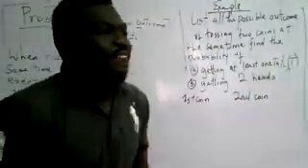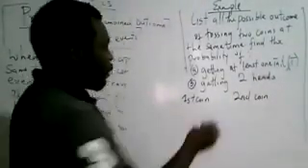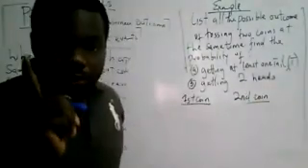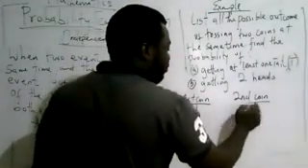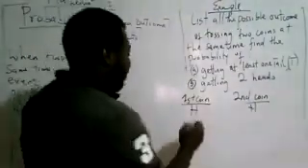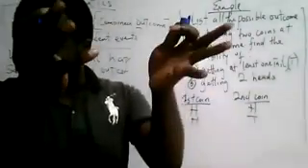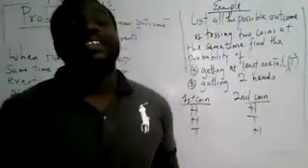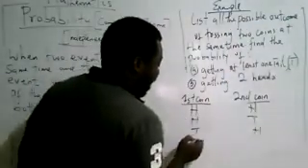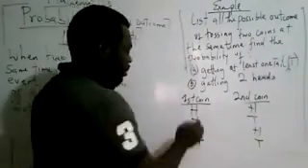I take those two coins, I throw them up, and they fall to the ground. There's a possibility that in the first throw, I can have head, head. In that same throw, I can have head, tail. In another throw, it's possible that I will have tail, head. And it's possible I have tail, tail. I don't know if you are getting what I'm saying.